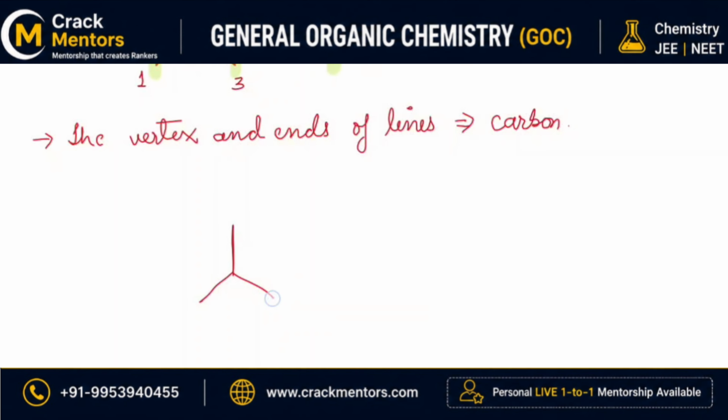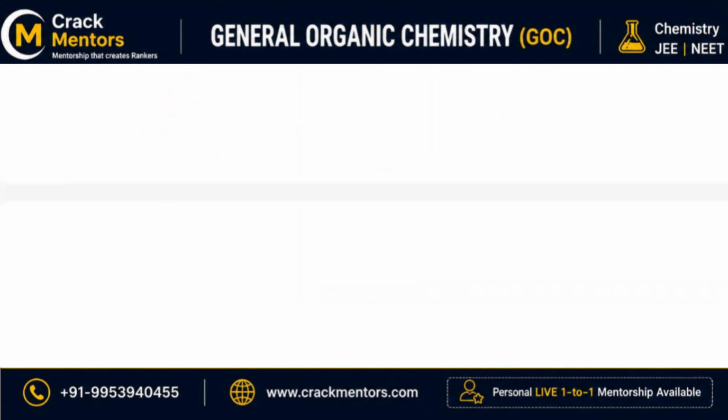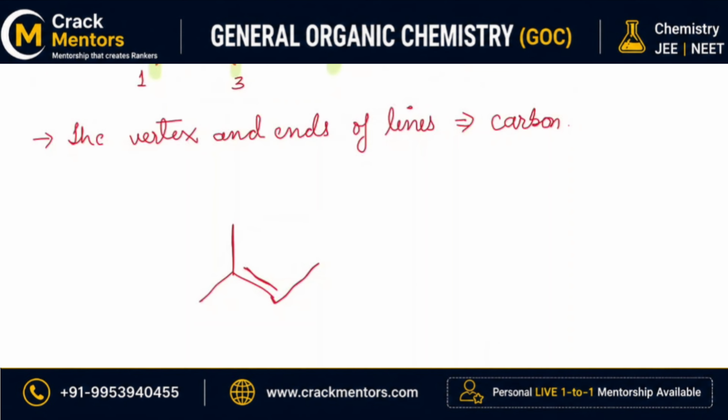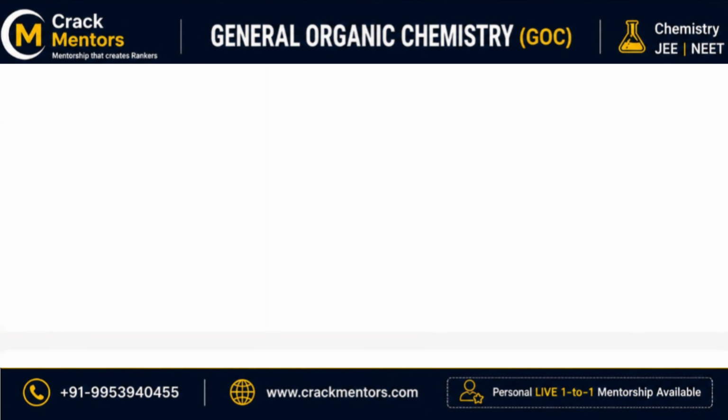Let's see. This is a molecule. Can you point out where the double bond is? This double line is the double bond. Now, if I ask you to mention the carbons, you will do it like this.